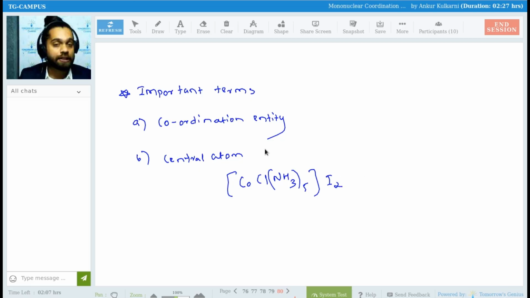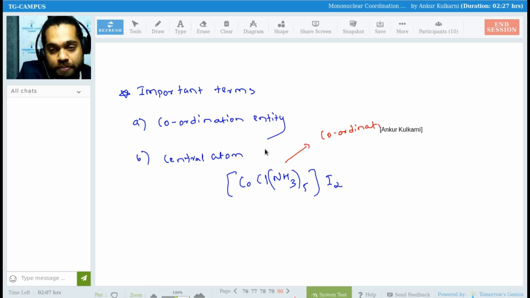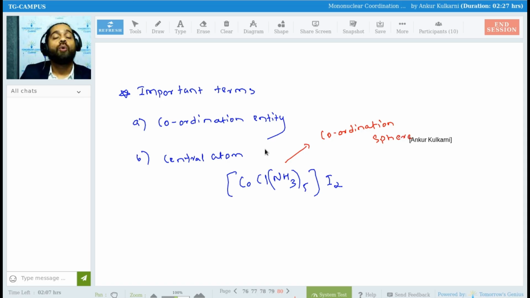This whole is a coordination entity. In that, this square bracket, I call it the coordination sphere. That we call the coordination sphere.